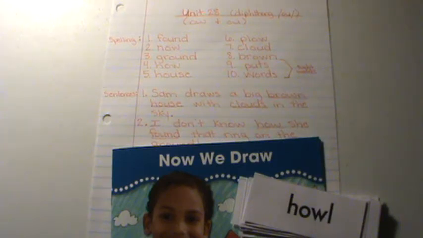Hey first graders, for today, Monday, April 13th, we are starting a new unit. This is going to be unit 28, and our focus this week is the diphthong OU. So that's a medial sound that we are going to hear, and it sounds like "ow," like you stubbed your toe, "ow."